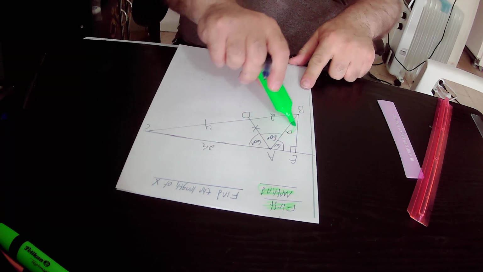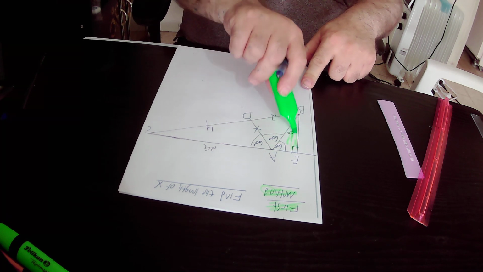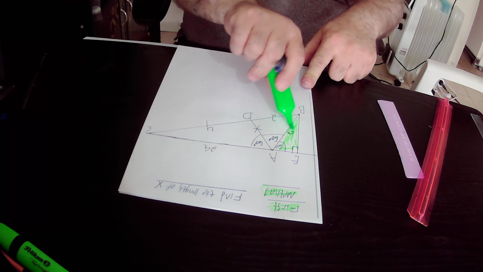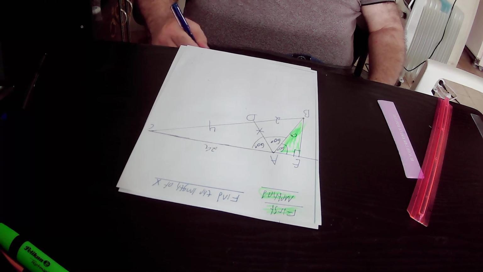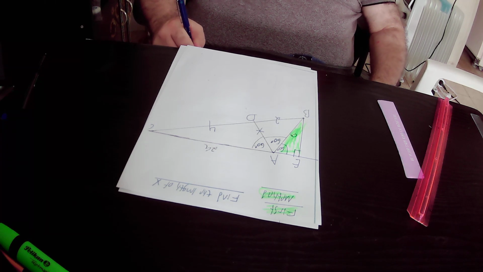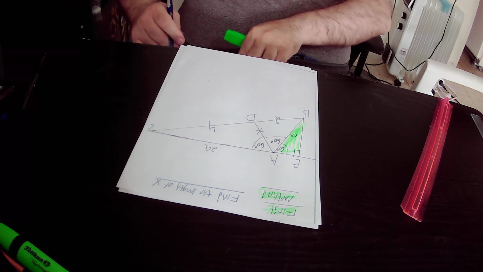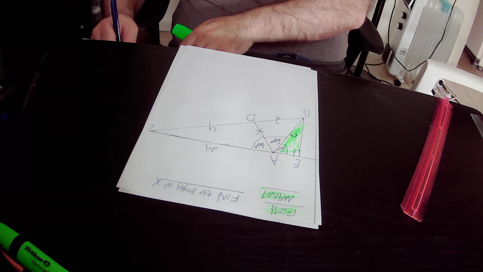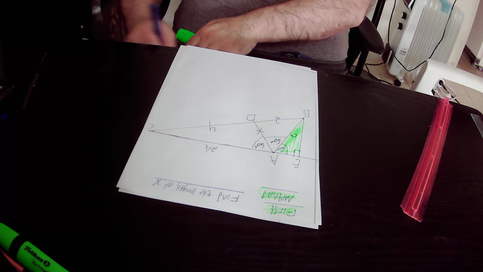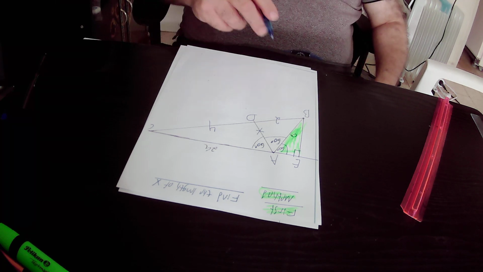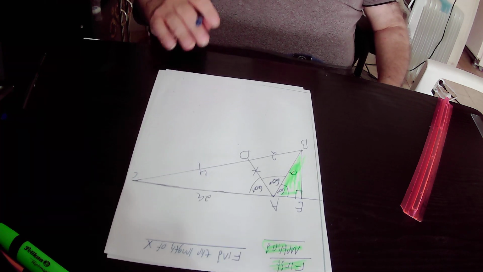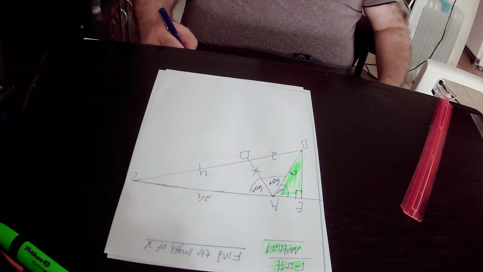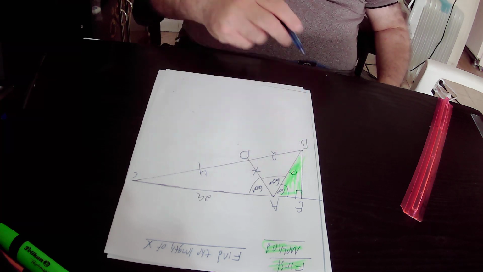So in the next step we'll focus on the green right triangle, triangle EAB. In the green right triangle, triangle EAB, we know that cosine 60 degrees will be equal to EA over BA.